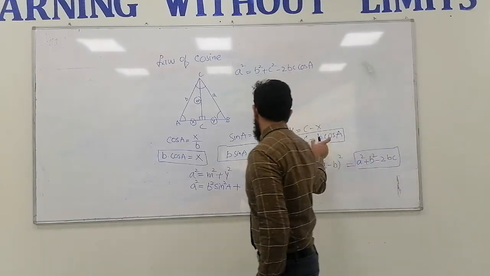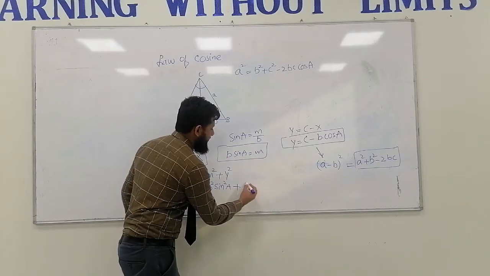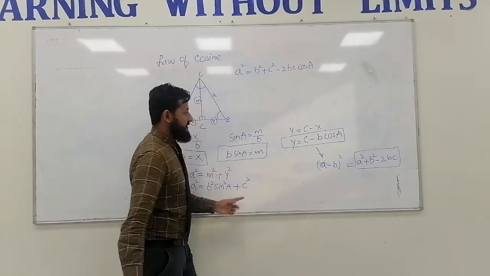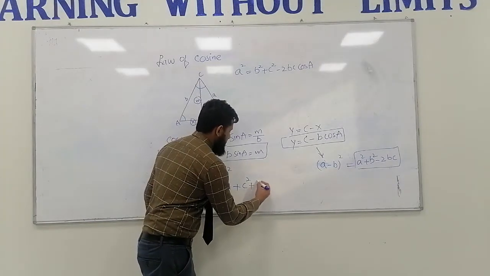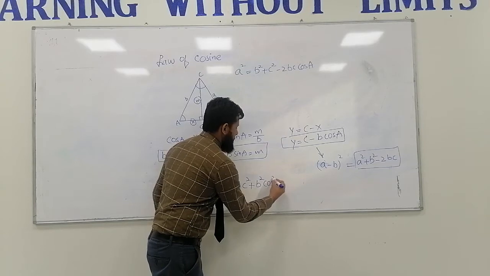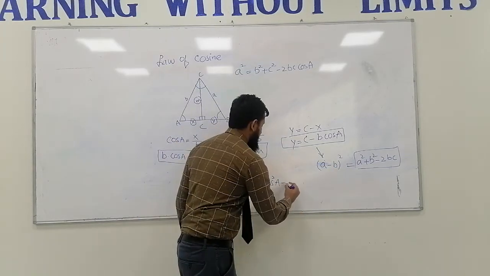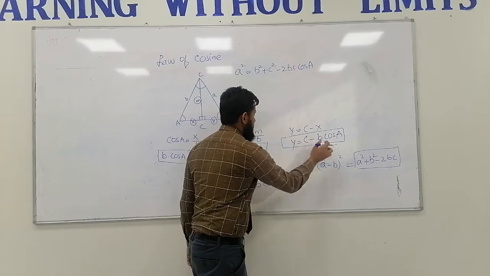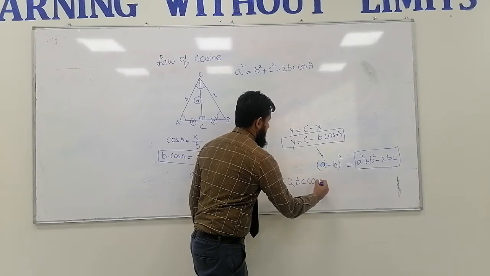The first term is c, so we have c squared. The second term is b cos A, so it's plus b squared cos square of A. And the last term is minus 2bc cos of A.